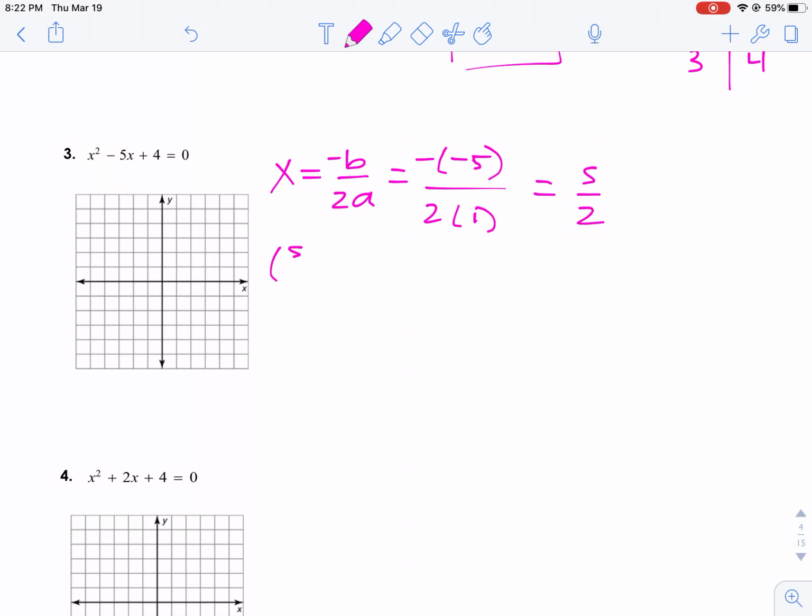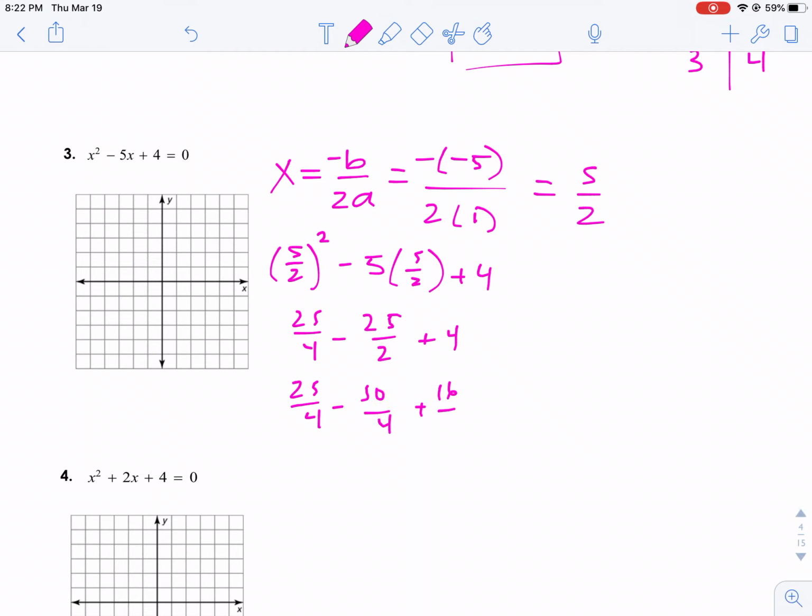When we substitute that in, we would have 5 halves squared minus 5 times 5 halves plus 4. This would give us 25 fourths minus 25 halves plus 4. We can get all common denominators, so we could say 25 fourths minus 50 fourths plus 16 fourths, which would give us negative 9 fourths.